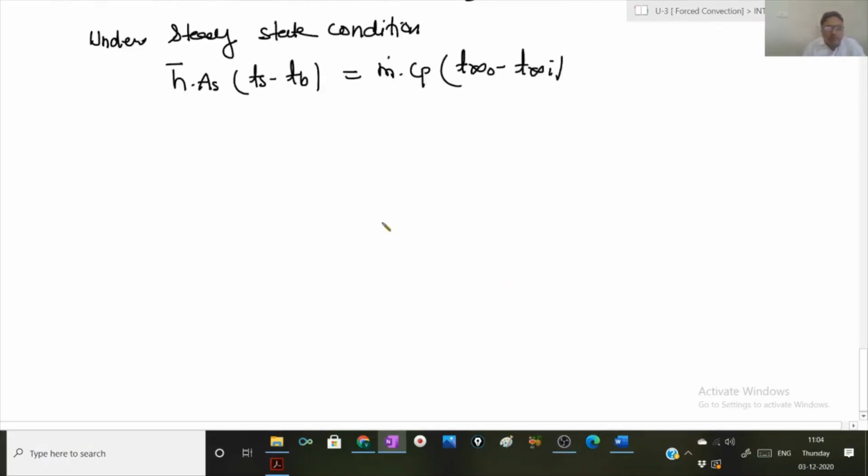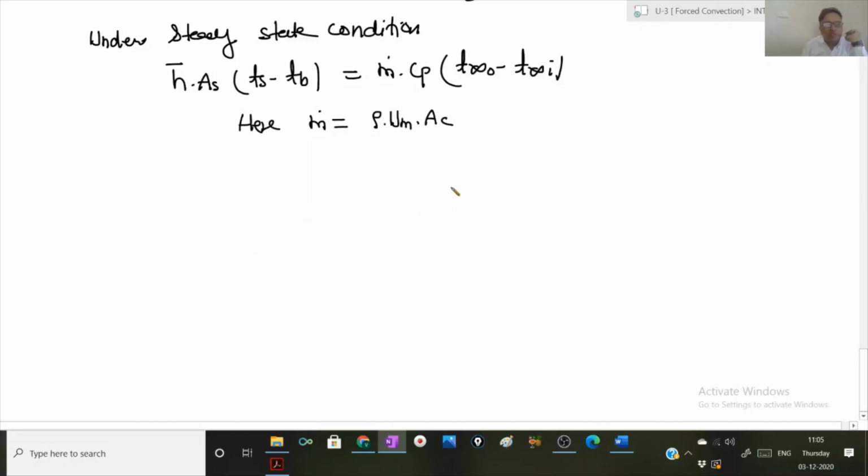Now here the mass flow rate is not known to me, which can be calculated as rho into U into cross sectional area.